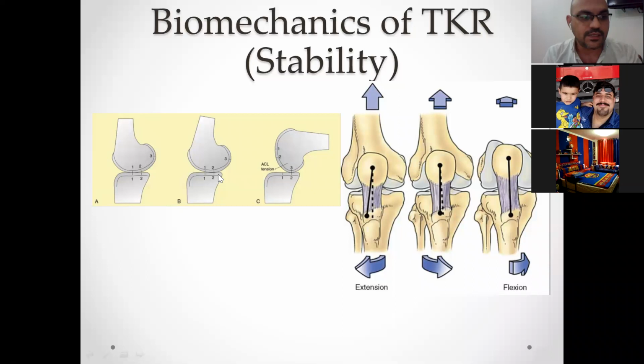So with pure rolling alone, the femur condyle rolls off the tibia, as you see in the first picture, A, in extension, and during flexion, gradually the femur is rolled back. It is not flexed like a hinge. With gliding alone, there will be an impingement between the femur and the tibial surface.